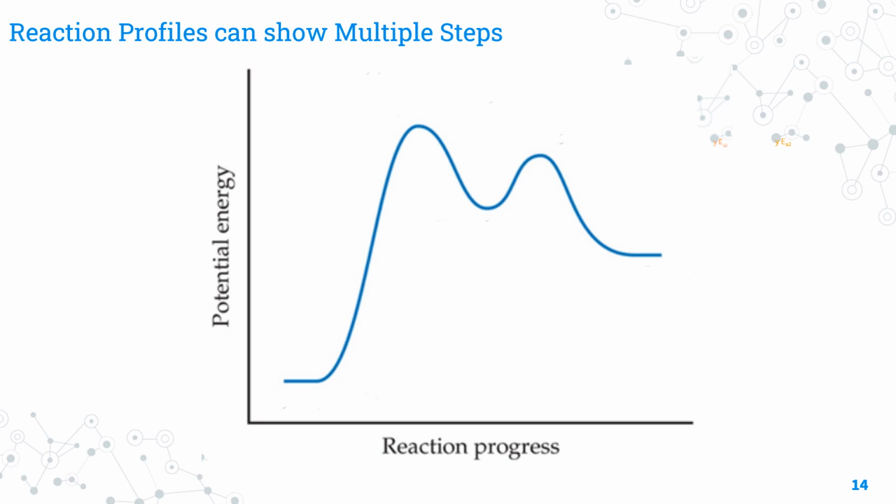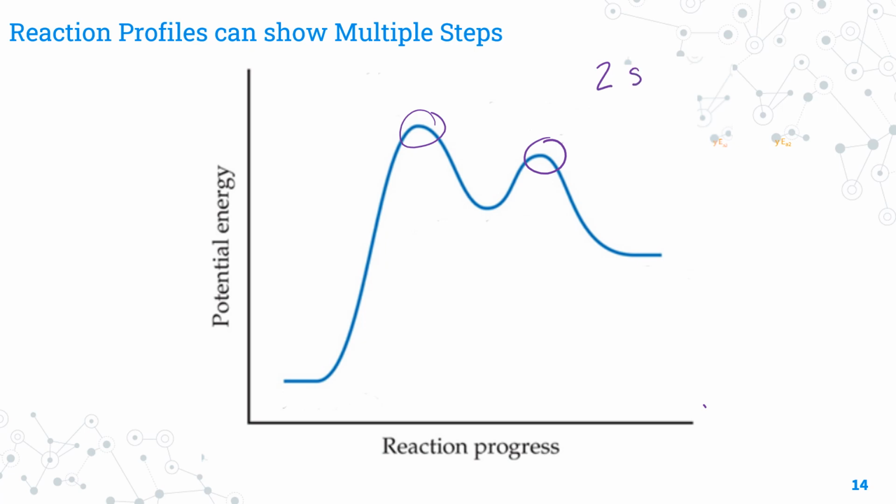So let's talk about reaction profiles of multi-step reactions. So this is looking at 5.10 and 5.11. When we look at these, the number of humps in the reaction tells you how many steps are in this reaction.